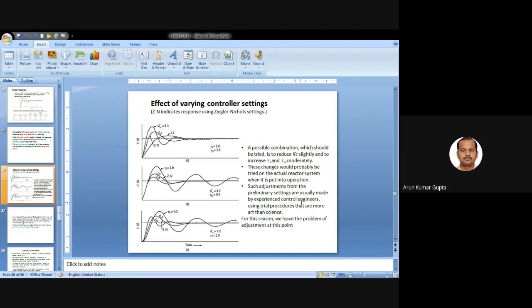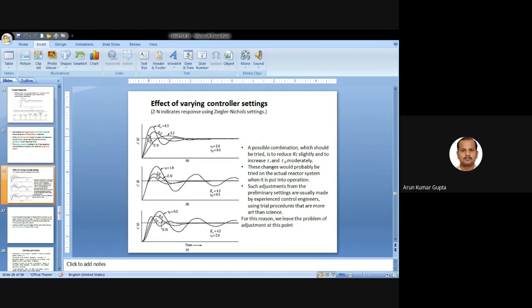Here, in a few graphs, you can see the actual effect of varying controller settings. This indicates the Ziegler-Nichols setting. Here we have parameters like Kc 6.3, Kc 4.2, and Kc 2.1.